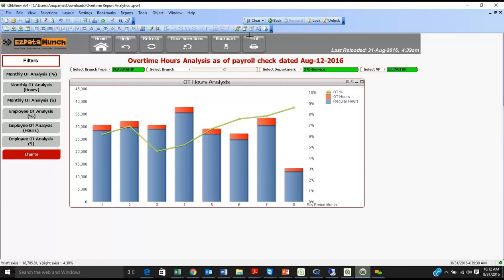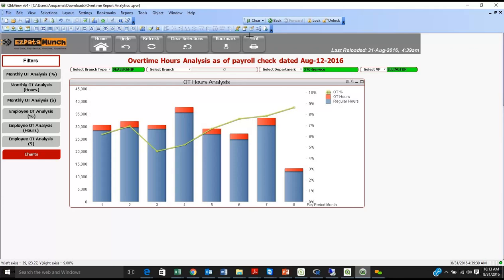So you're looking at month on month how these numbers are moving in terms of overtime percentage versus regular hours. That's one way to look at it, and then superimposing your sales activities or your revenue activities on top of this to see whether the overtime is justified because you are seeing more revenue or more sales from your customers.